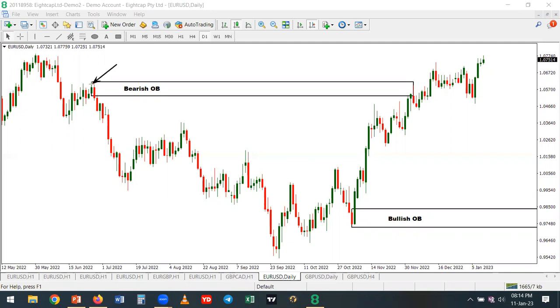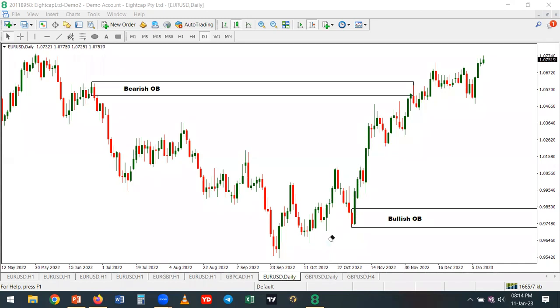The last bullish candle before this bearish move, this candlestick, that is your order block. In this case here, it is the bearish order block. Then again, here we'll have a bullish impulsive move. Before this bullish movement was issued, there is a candlestick. The last bearish candlestick before this bullish move is your bullish order block.